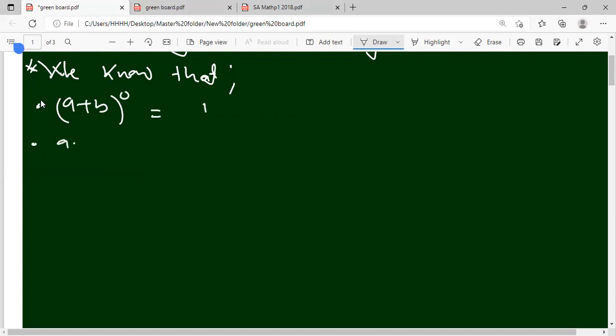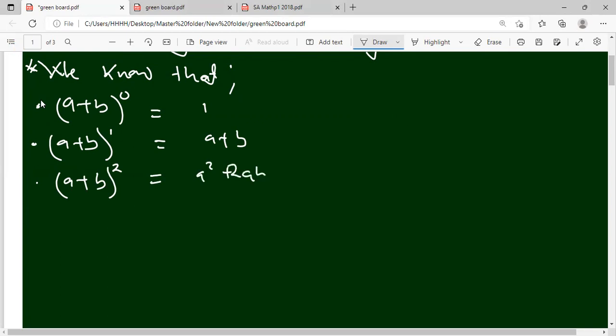If you have got a plus b to the power 1, this is equal to a plus b. If you have got a plus b to the power 2, if you expand that, you are going to get a squared plus 2ab plus b squared. We can introduce another one, a plus b to the power 3.